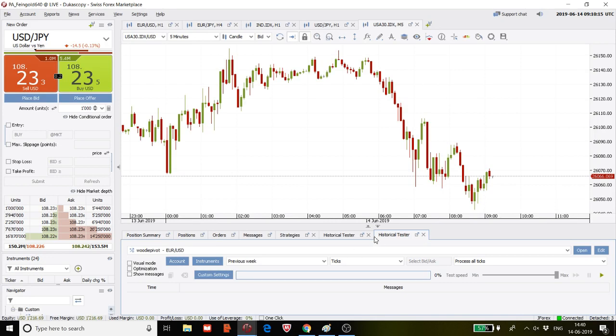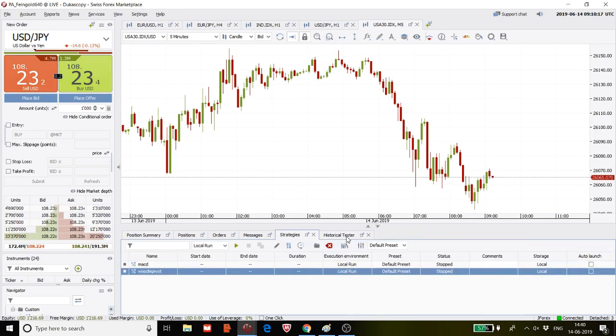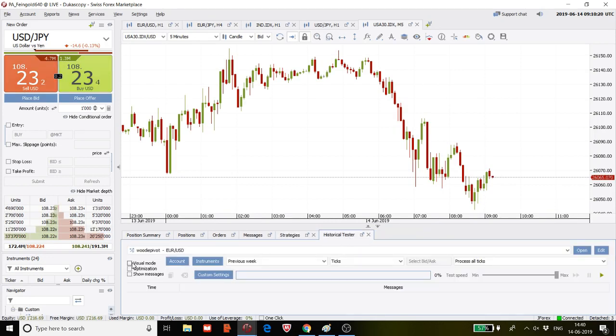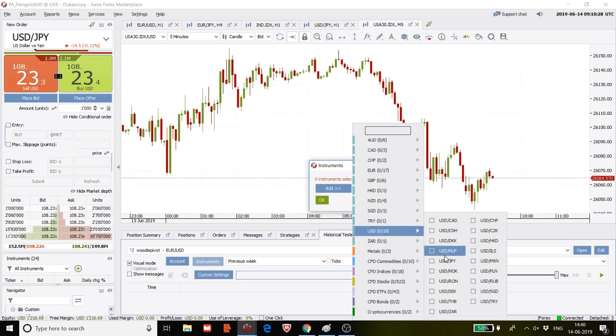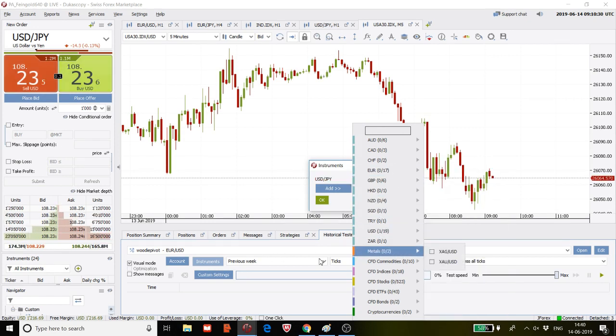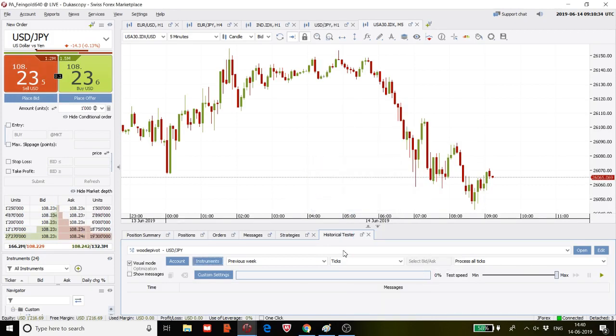Test. Visual mode, instrument, remove all, and then add. USDJPY was the instrument, and then add. Then I will go for the previous month and then test run.